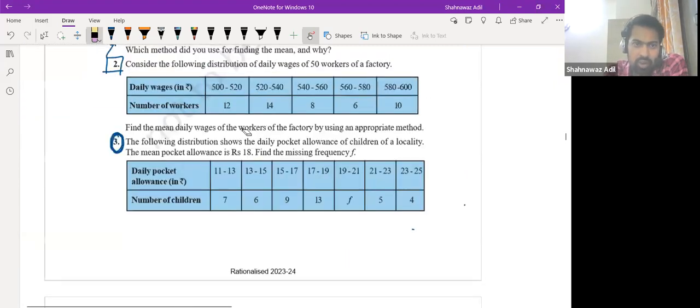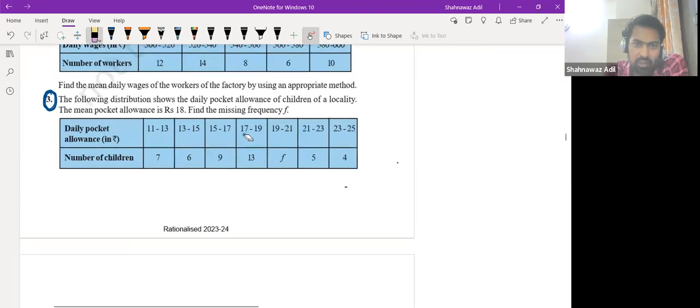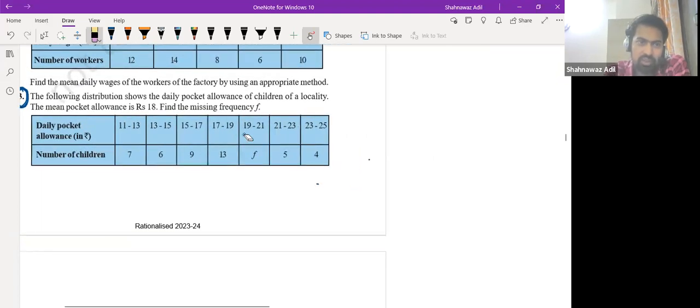Okay, so what is the idea behind this third question? So in the third question, what is given? They have this following distribution, right?